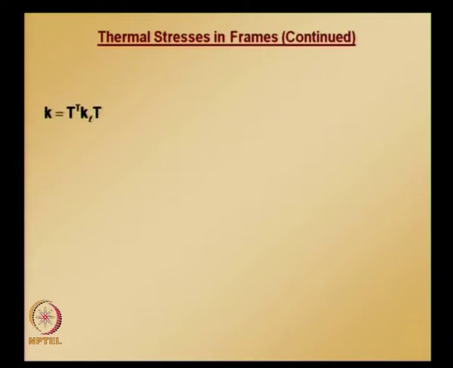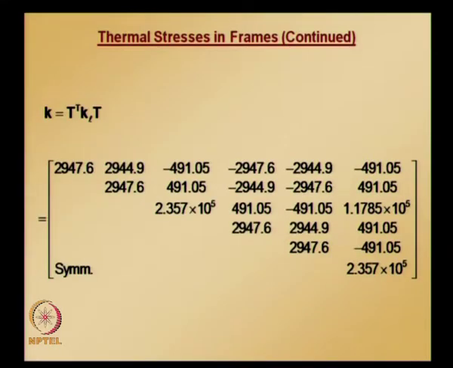And similarly, element stiffness matrix in the local coordinate system we can convert into the global coordinate system using the transformation matrix using this equation. Only the upper triangular portion of this stiffness matrix is shown, lower triangular portion is similar to the upper triangular portion.